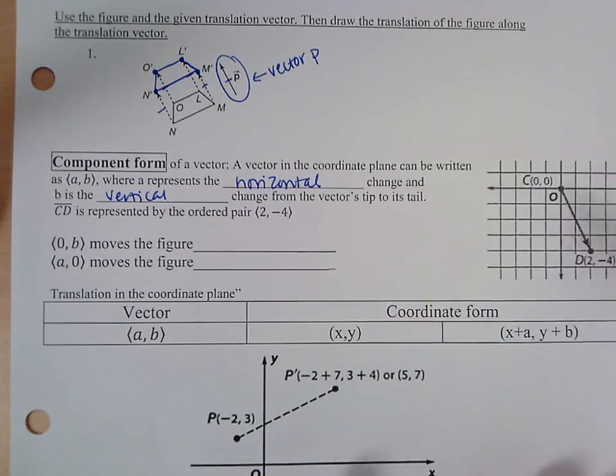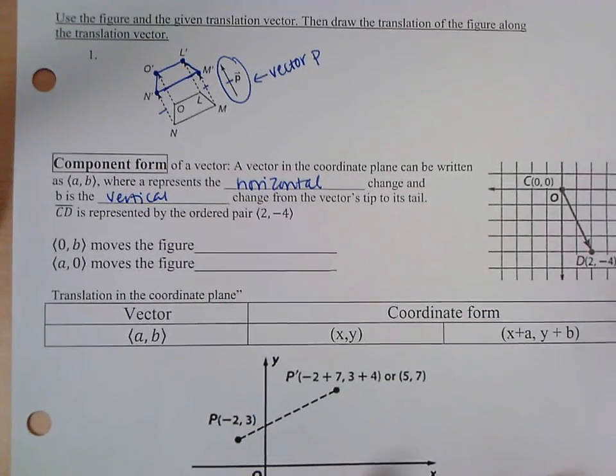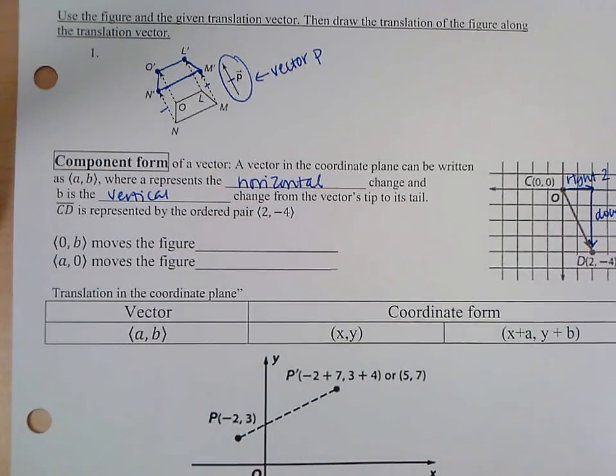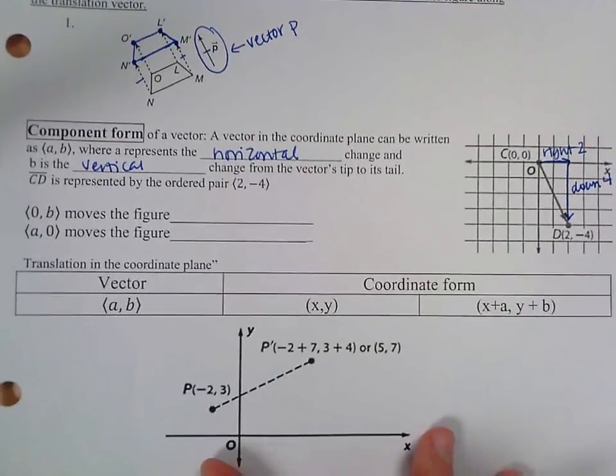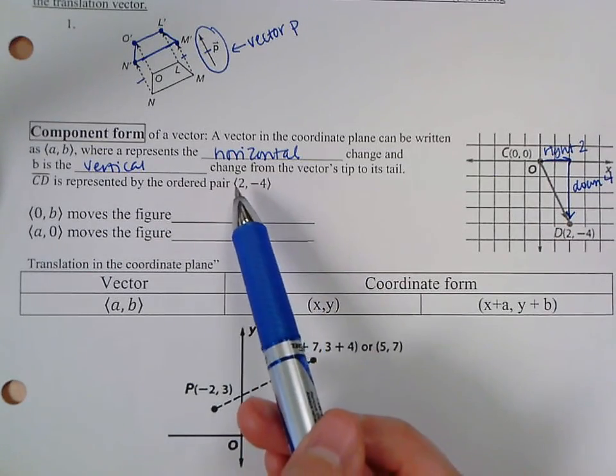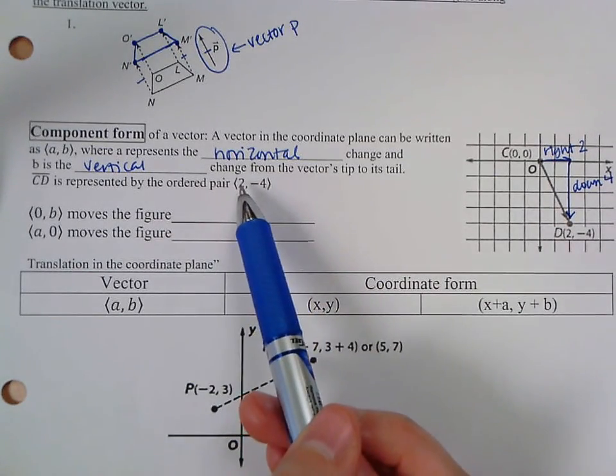So starting from C and ending at D, to get from C to D, my horizontal change is I have to go to the right 2, and then I have to go down 4. So notice my component form, that's what the 2 represents.